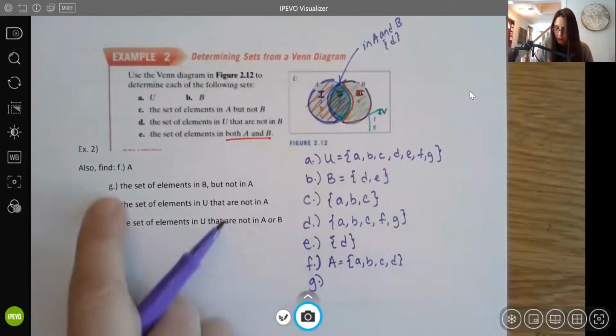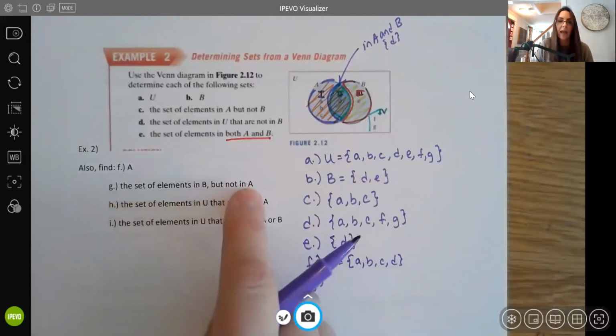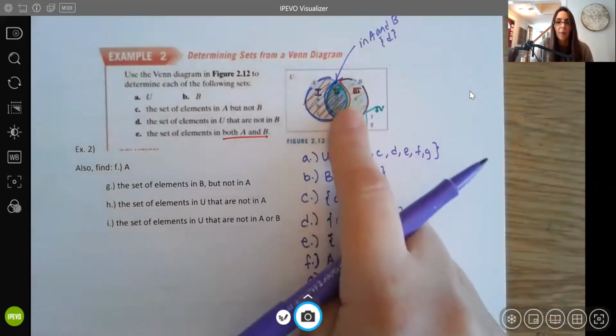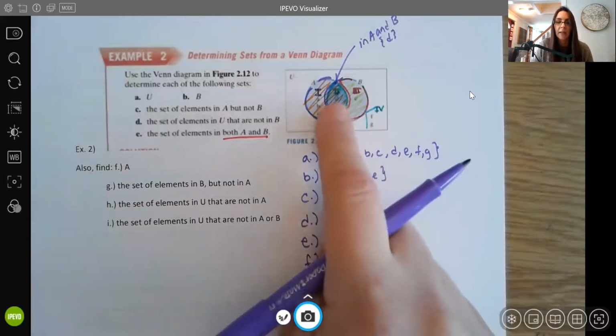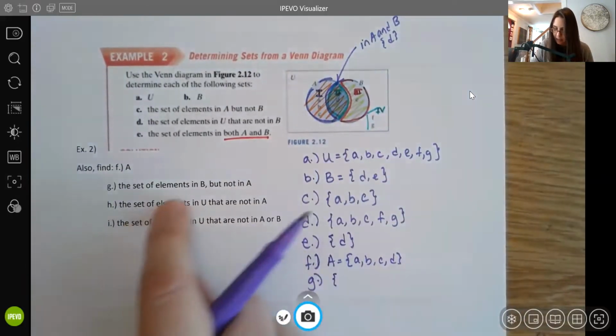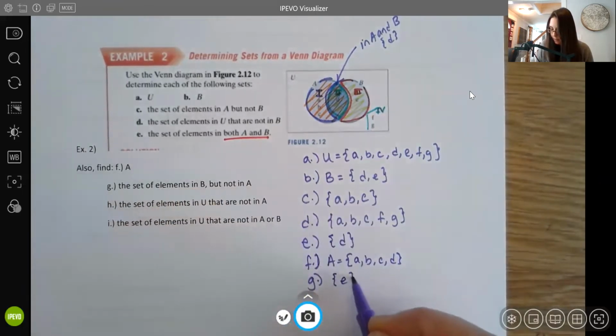Okay. G, the set of elements in B, but not in A. Well, we know the set of elements in B are D and E, right? We can see that here. But we don't want them to be in A, and we know that D is also in A. So the only element that is in B, but not in A, is E.